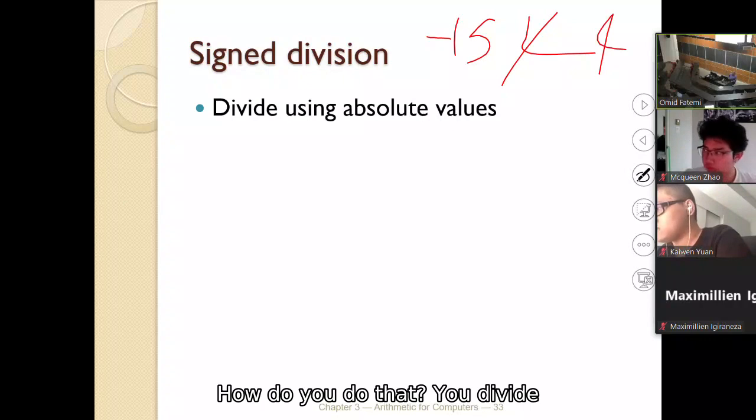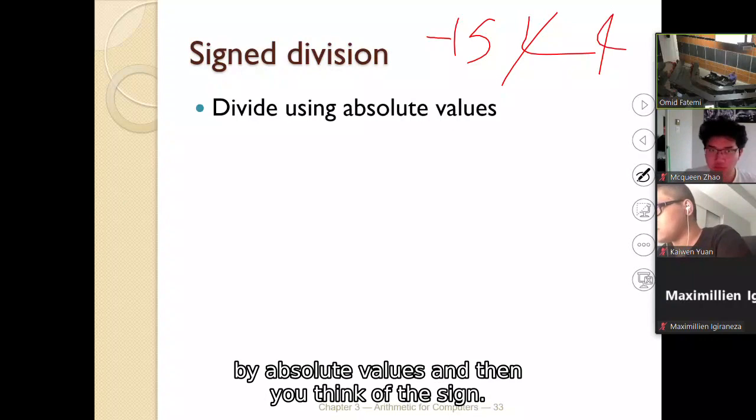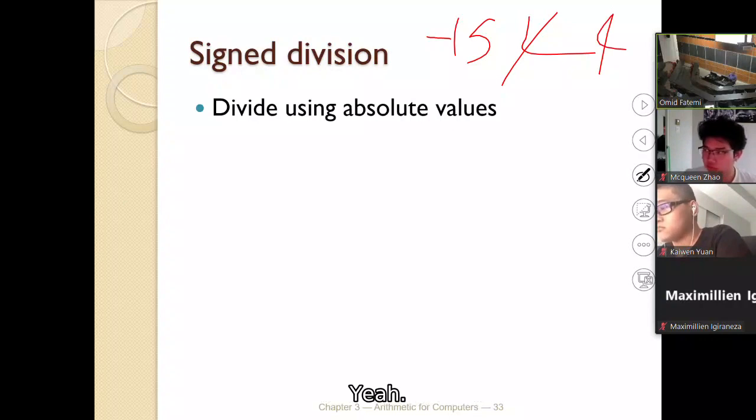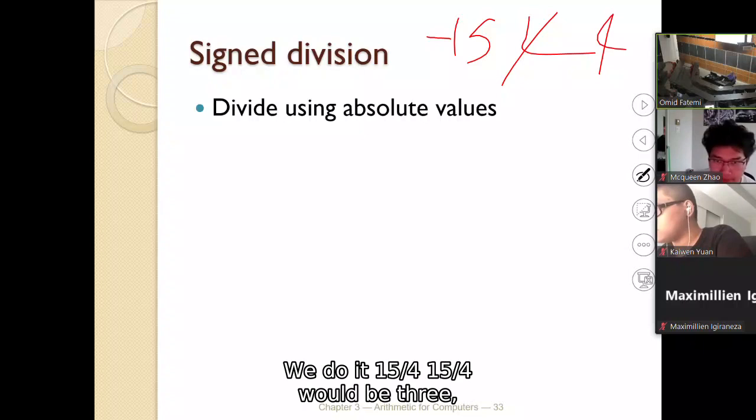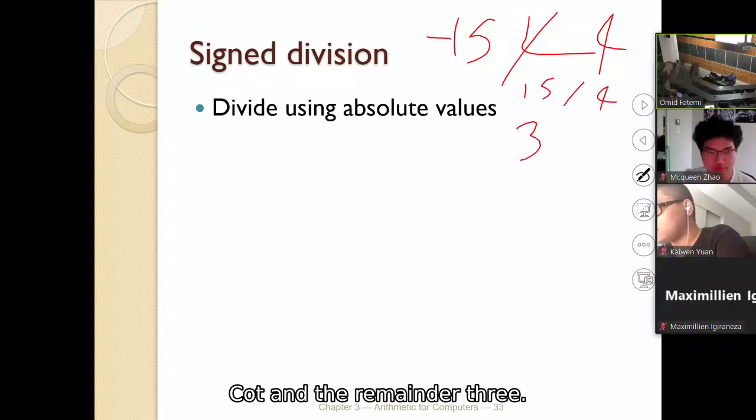You divide by absolute values, and then you think of the sign. Is that correct? So what do we do with minus 15 divided by 4? We do 15 divided by 4, which would be quotient 3 and remainder 3.